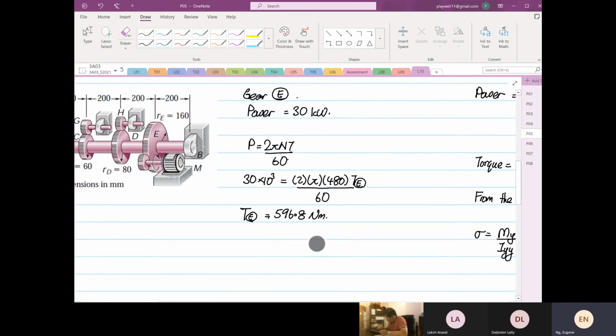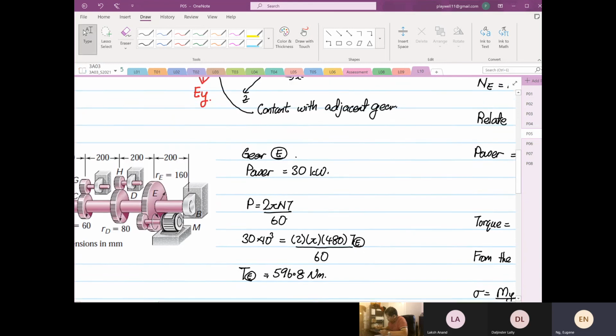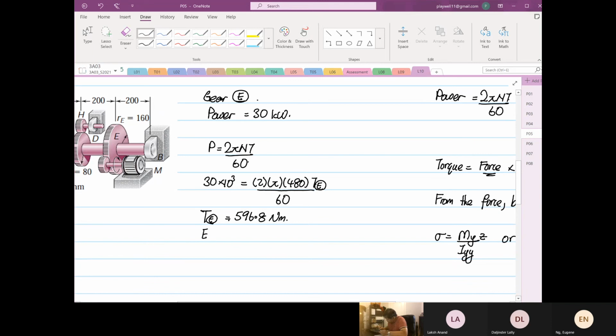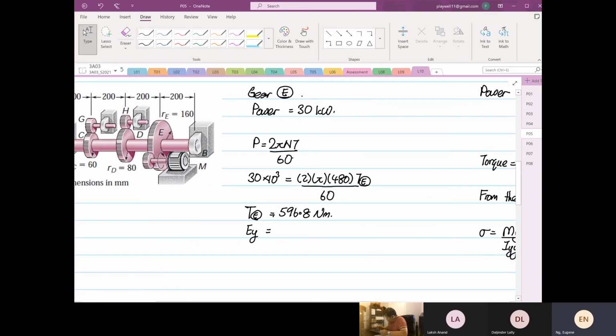And from here we can calculate the force at E, EY, which will be equal to 596.8 divided by the radius. It's so messy, I do apologize.